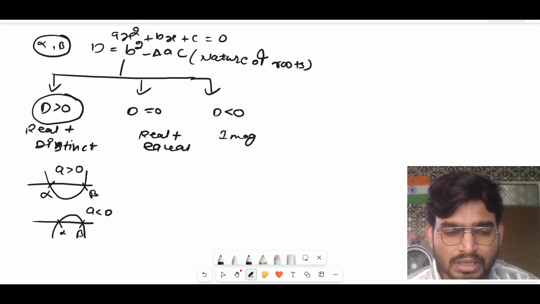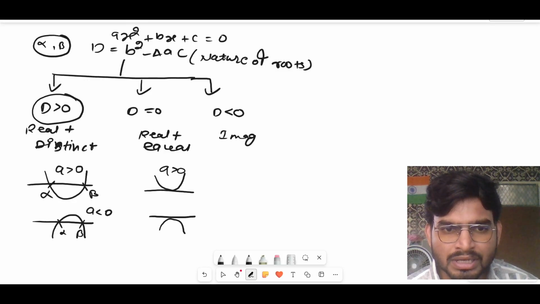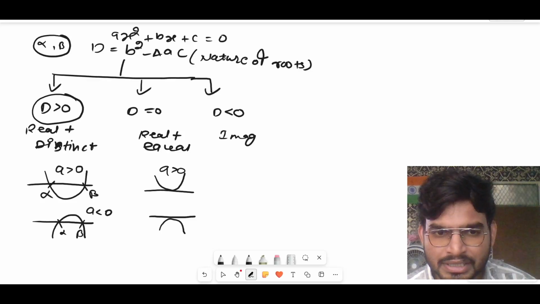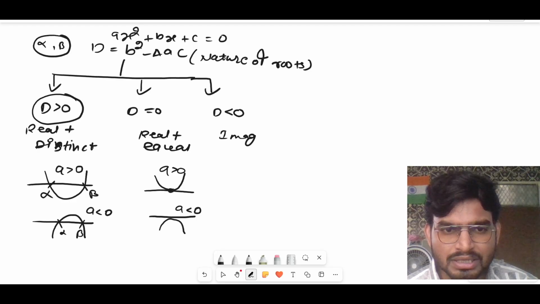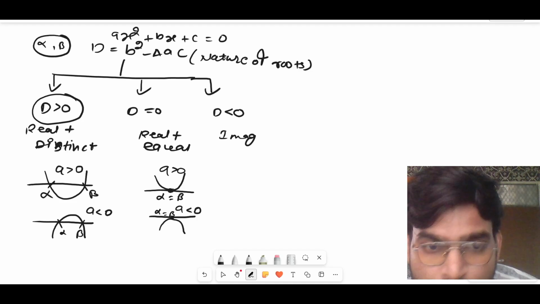Okay, if the roots are equal but also real, the graph will look like this. We get this graph when a is greater than 0, and here a is negative. So here alpha equals beta, and here also alpha equals beta, which means the roots are equal.